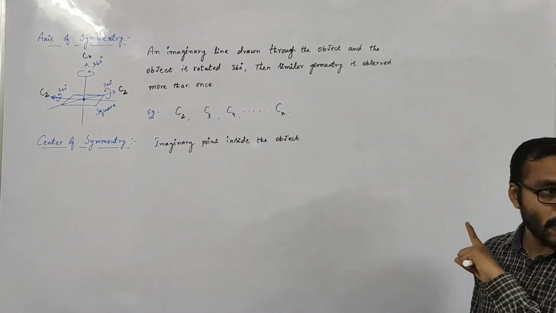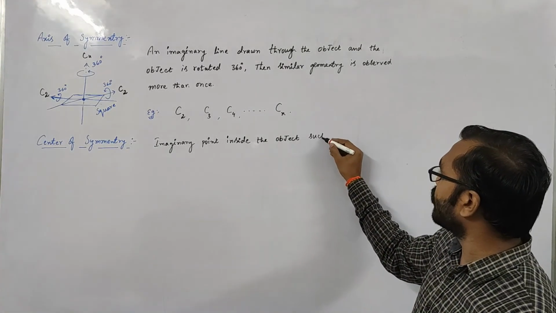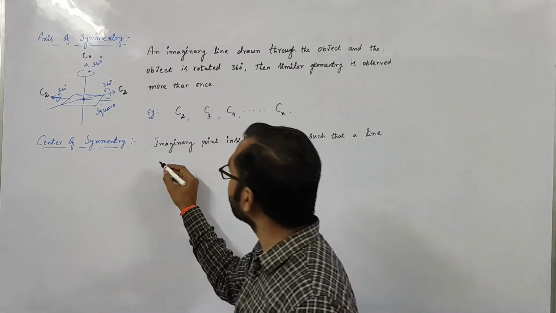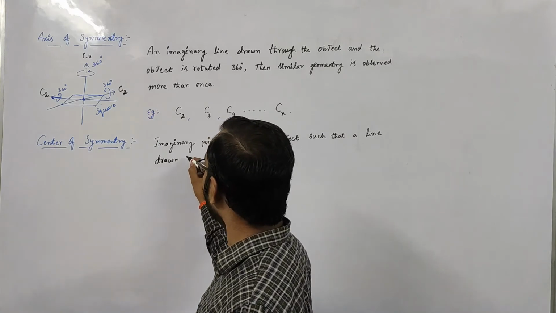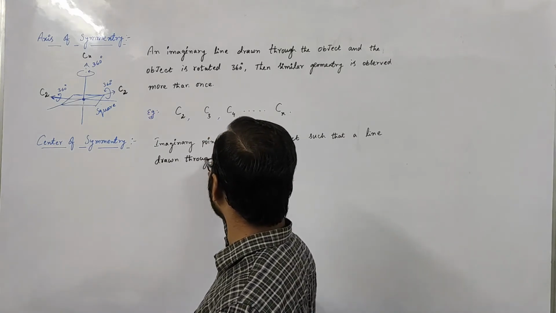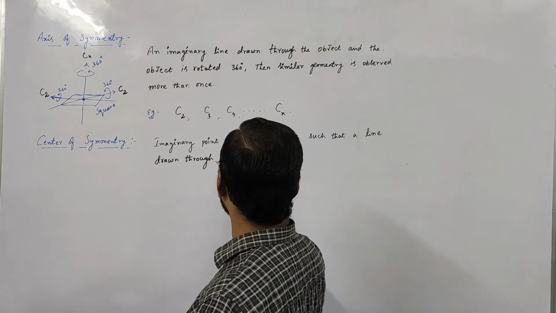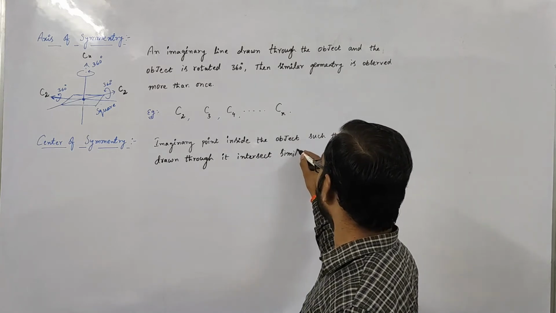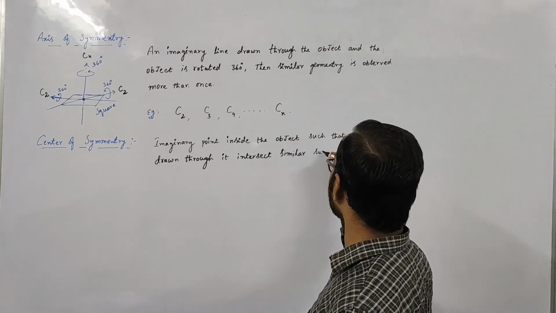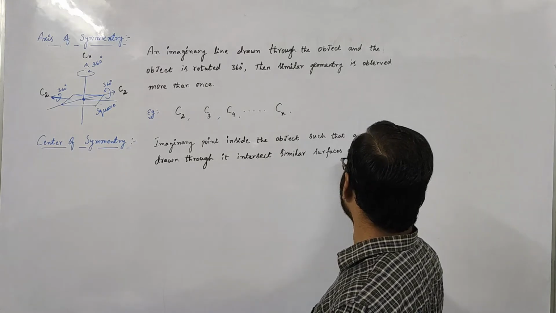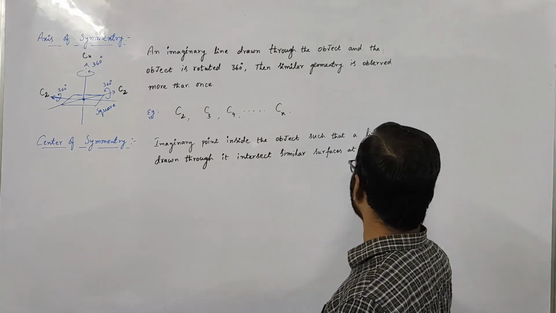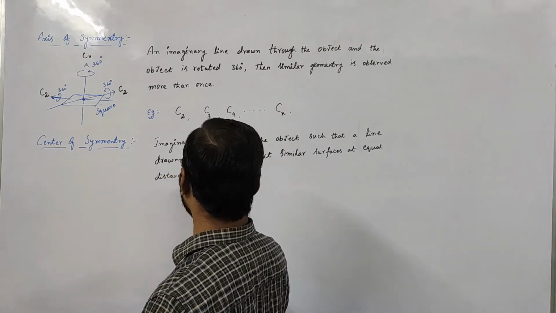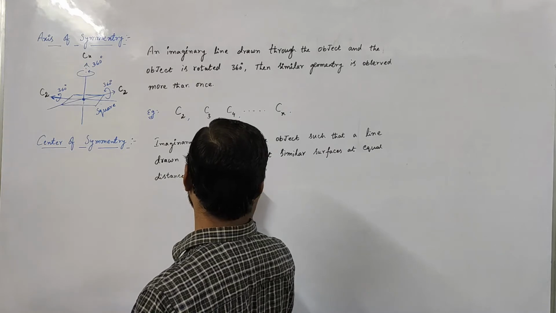An imaginary point inside the object such that, what kind of imaginary point should we place? Such that a line drawn through it intersects similar surfaces at equal distances in opposite directions.